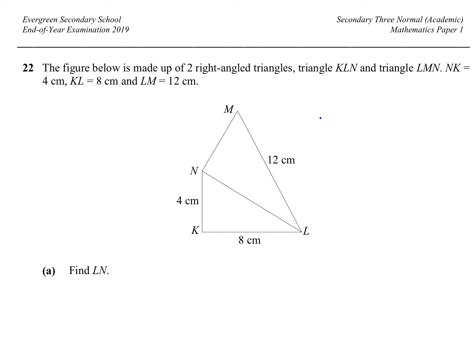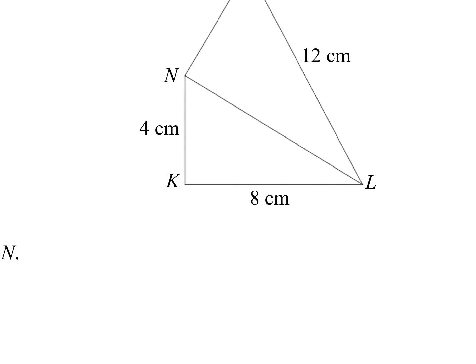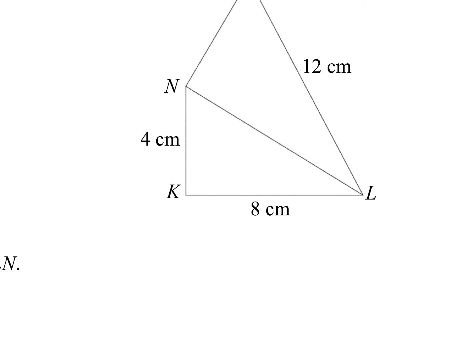The figure below is made out of 2 right angle triangles. When you have 2 right angle triangles, you must think of Pythagoras theorem and trigo. Very obviously, with 4 and 8, what can you find? Which one can you find? Pythagoras theorem. LN already, right? So technically you know LN, then you know 12.